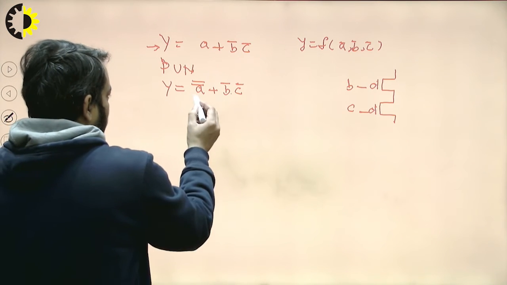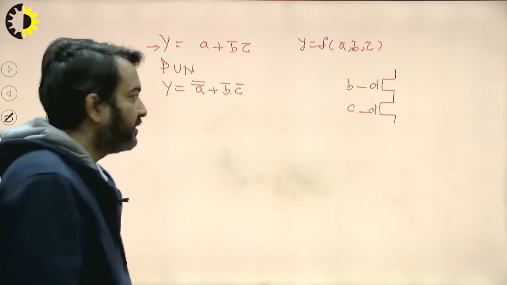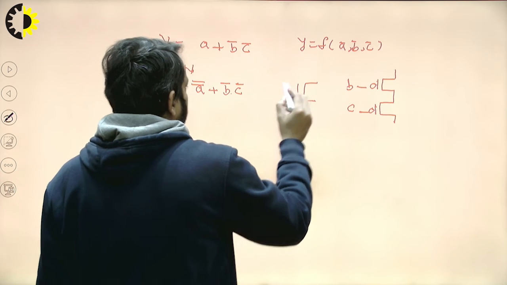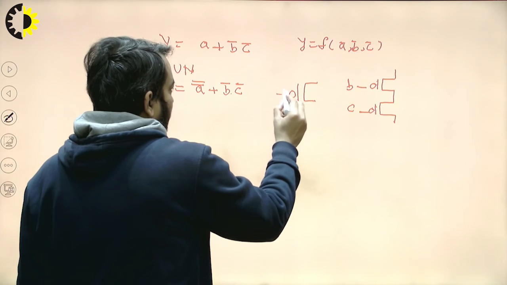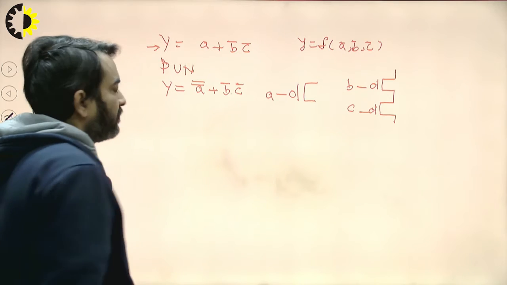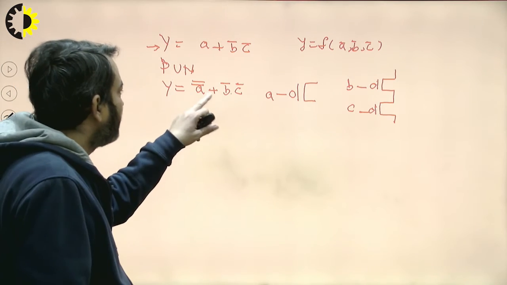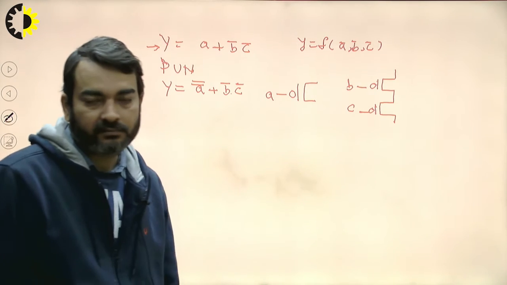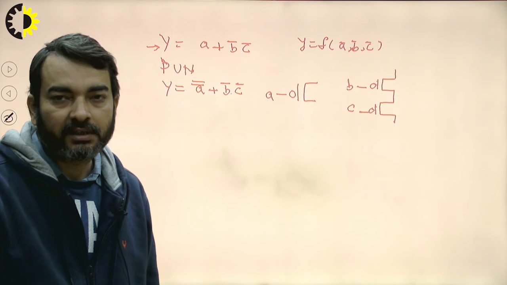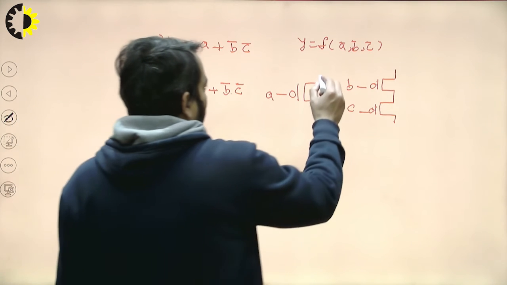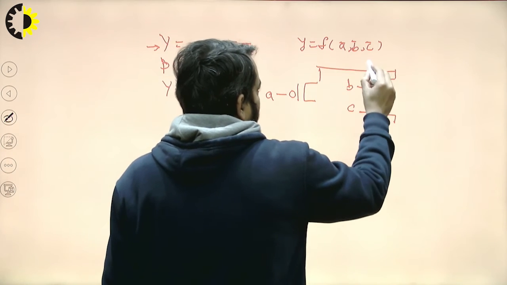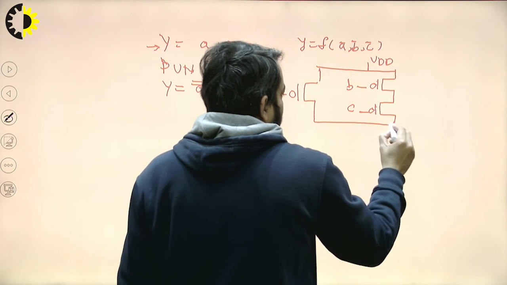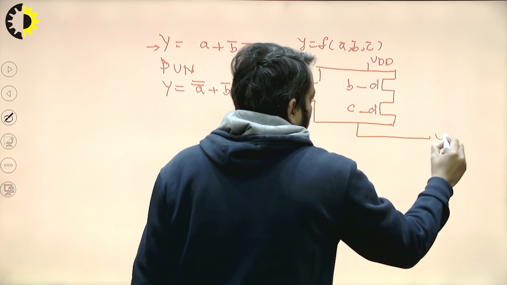Then for this term we will use another PMOS, and now this is A. Note that this is a plus sign. So this network and this network are ORed, and ORing means parallel. So they will be in parallel. This point will be connected to VDD and this point will be connected to the output.